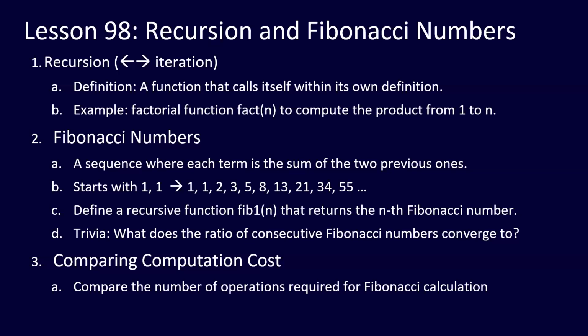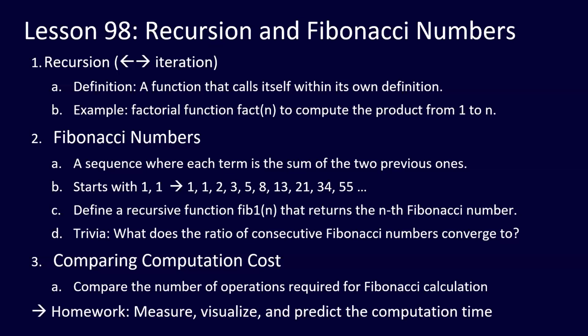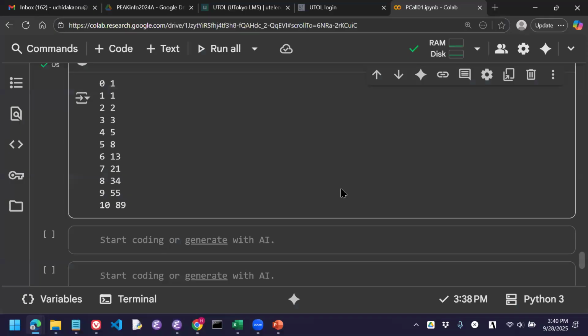Compare the number of operations required for Fibonacci calculations, and see how it changes depending on the algorithm. Here, we will try to measure, visualize, and predict the computation time for this fib1 function. You know how to do this.